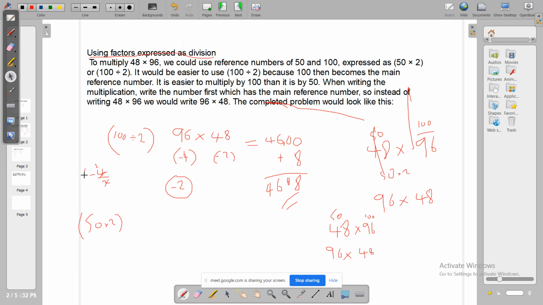But if you are going to use this one, your question will be 48 times 96. Why? Because the main reference number always needs to come first. So here the main reference number is 50, and 50 is for 48, right?